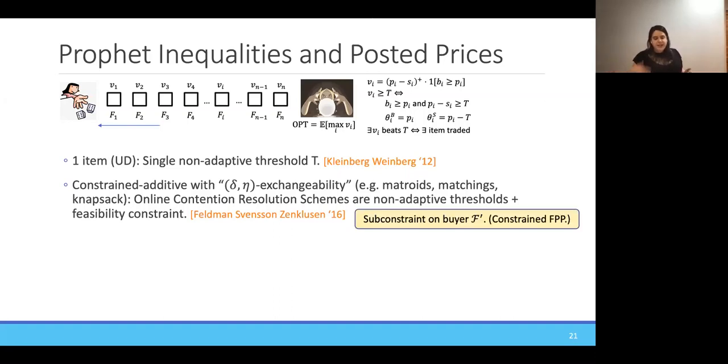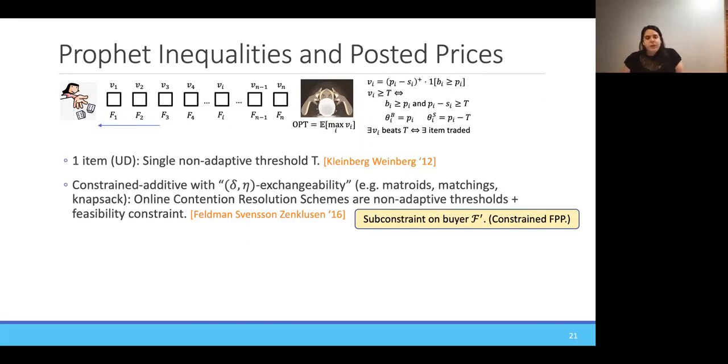So this is where the constrained fixed posted price comes in, because you have this extra feasibility constraint, F prime. You say the buyer can only buy things using this extra feasibility constraint. So you still have a similar fixed posted price mechanism, but you're constraining what the buyer can buy.